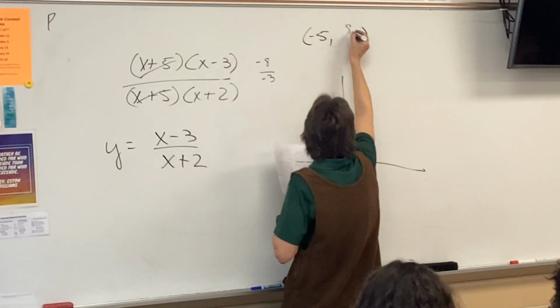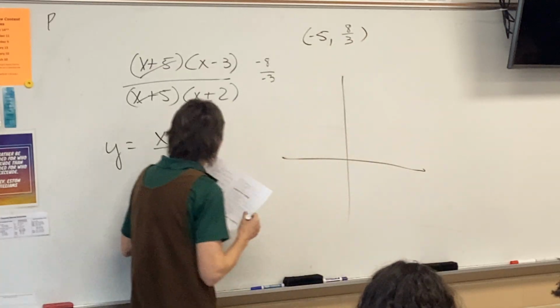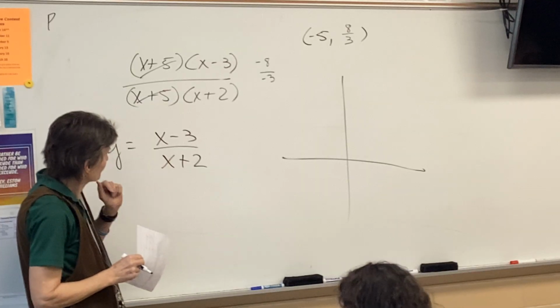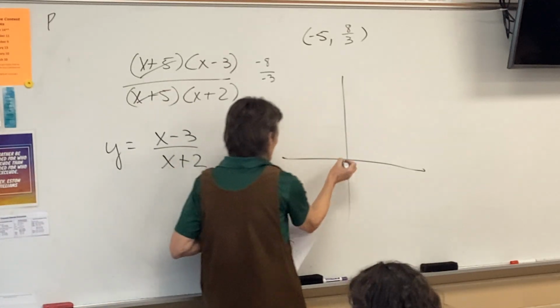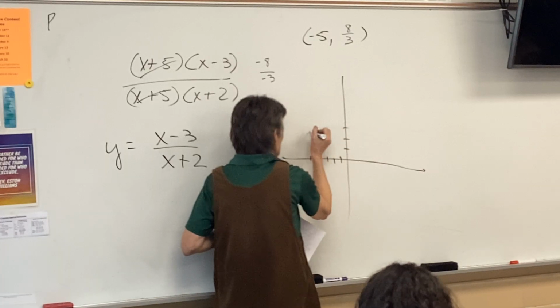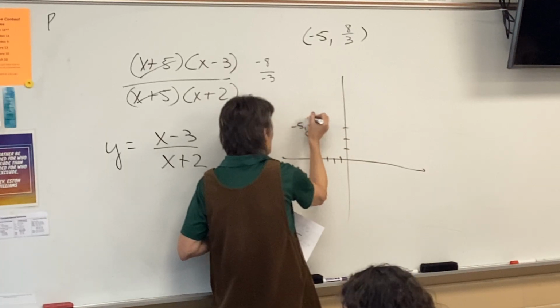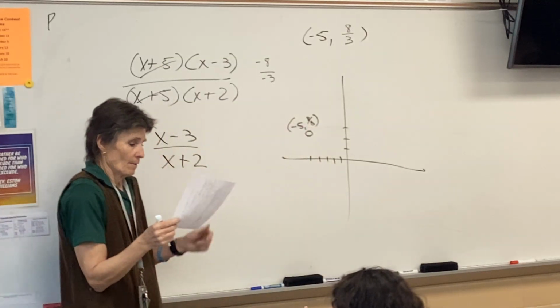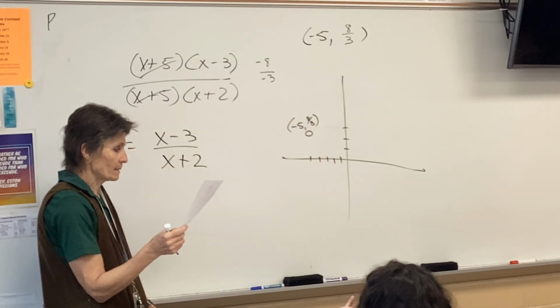Is that right? I plug in -5 here. So I'm graphing here. So -5, 8/3. There's my hole. All right, what else do I need?